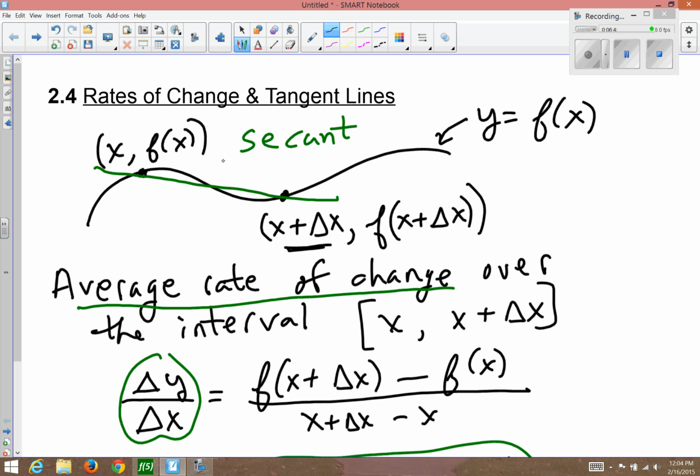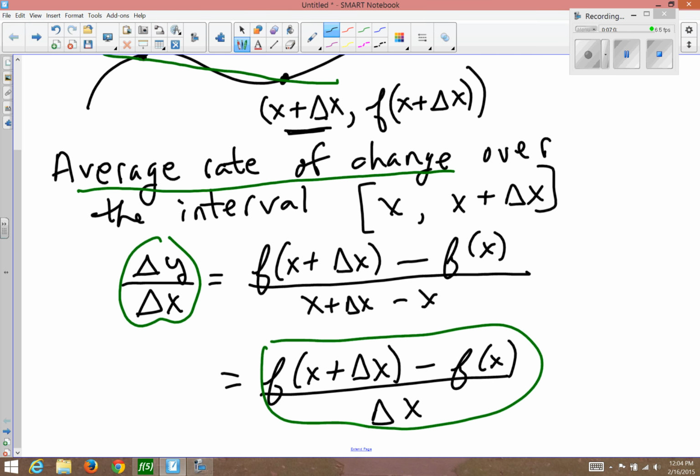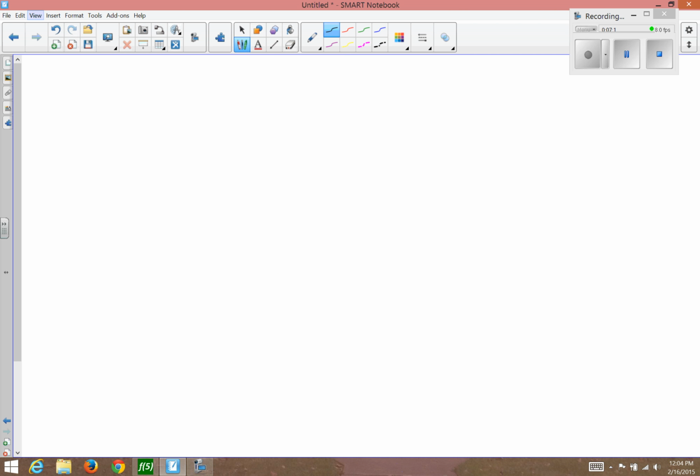And we would be finding the slope from this point to x plus 0, which means we'd be finding the slope from this point to itself. And that would be when we make delta x 0, which some people would say is impossible because then we would have 0 in the denominator. But we're going to make it possible.